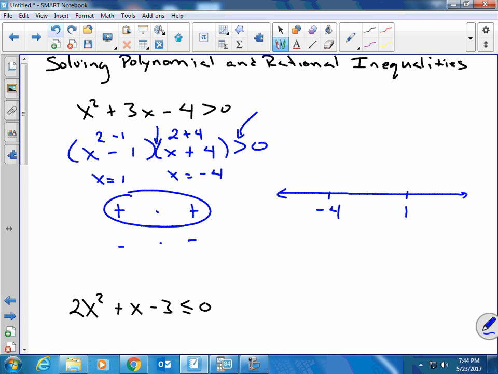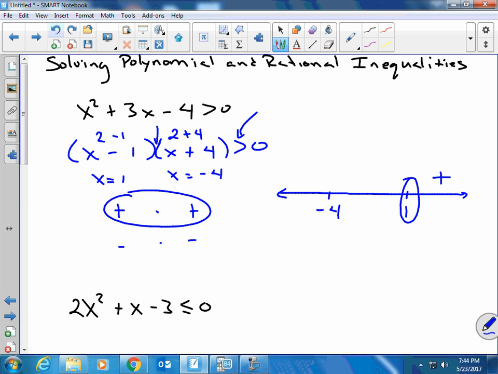Every number out here, when plugged into that equation, when I plug it in for x, the product of those two numbers will always be positive. Why? Because the only way those factors will change signs is if I switch sides from one side of the 1 to the other side of 1, because at 1 is where one of those factors is 0.